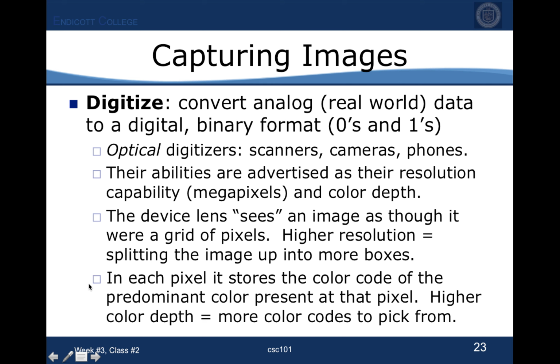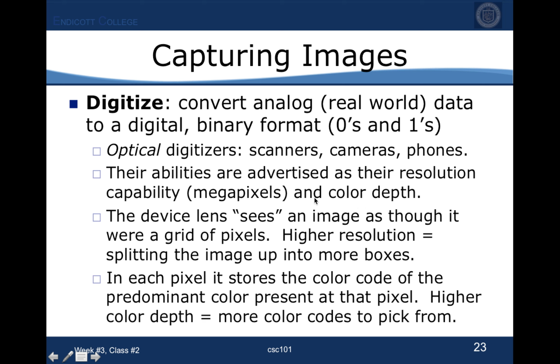And this is what is amazing about technology, is that it instantly decides, well, what's the predominant color in this box? So it looks up whatever its color depth is for your camera. Let's say it can recognize 16 million different colors. It's crazy, right?